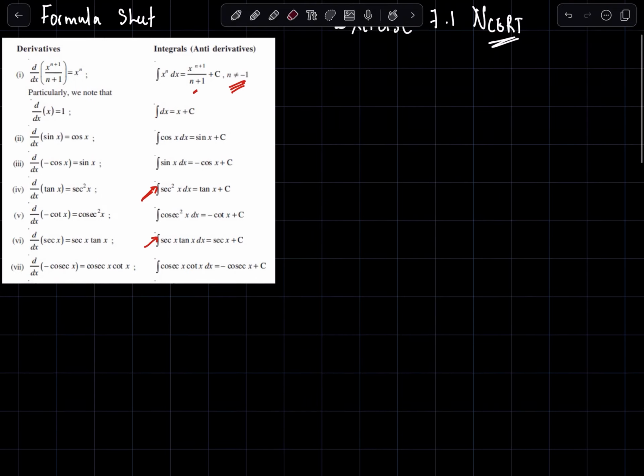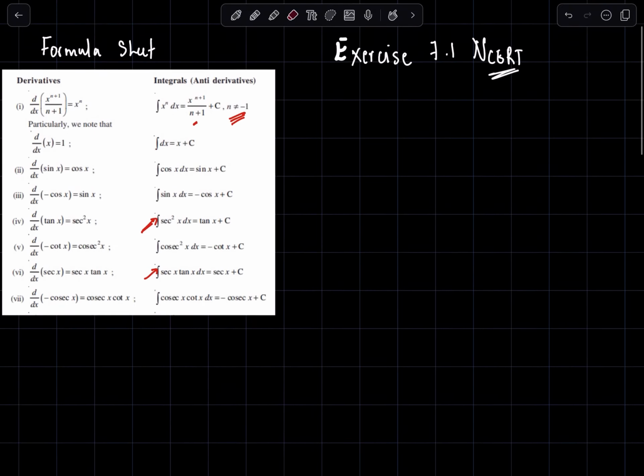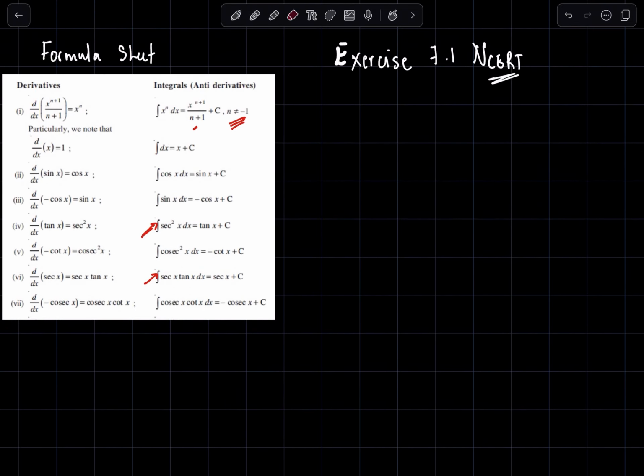Let's go for the next question, which is question number 20. 20 is also a bit tricky, I would say. Just practice these questions, 19, 20. I would say particularly practice questions number 11, 12, 13, 15, and 18, 19, 20.